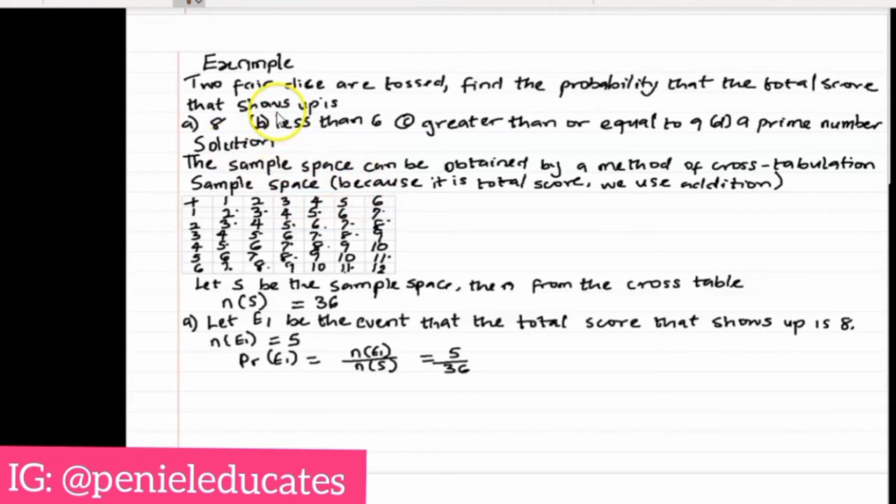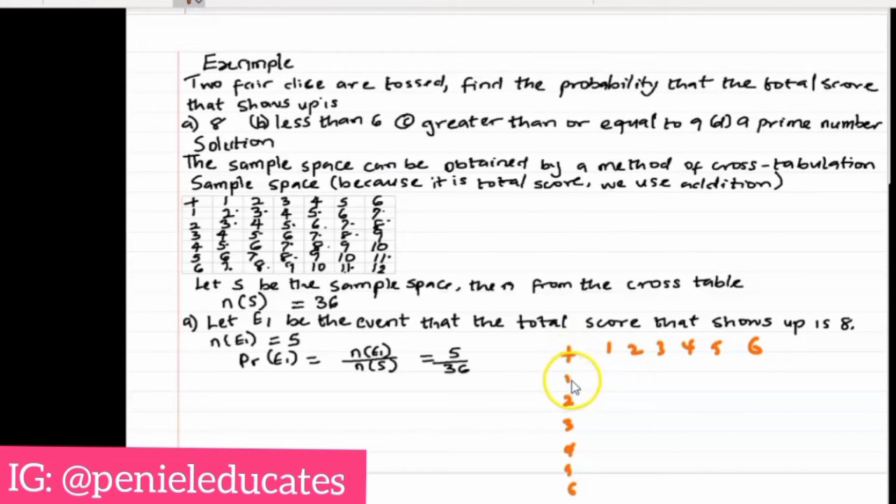Now, in the sample space, for the first die we have 1, 2, 3, 4, 5, 6, then another one, 1, 2, 3, 4, 5, and 6. So we have to find the probability of the total score that shows up, which means we are adding.